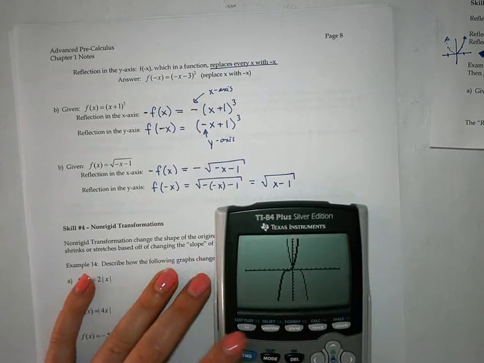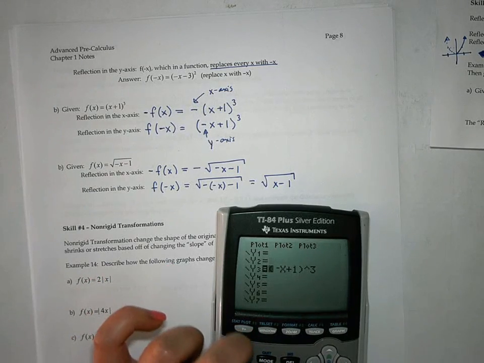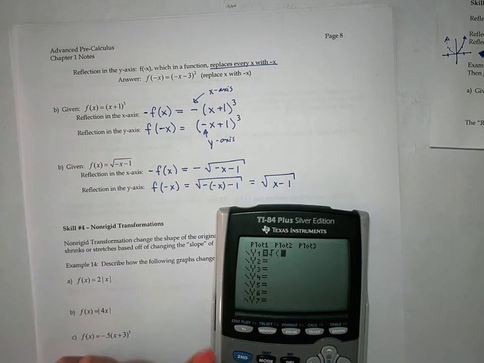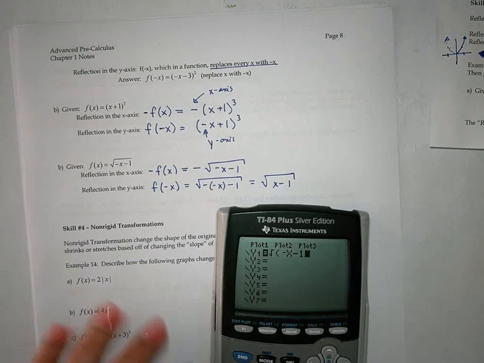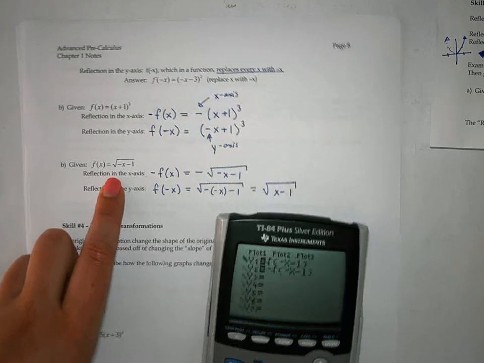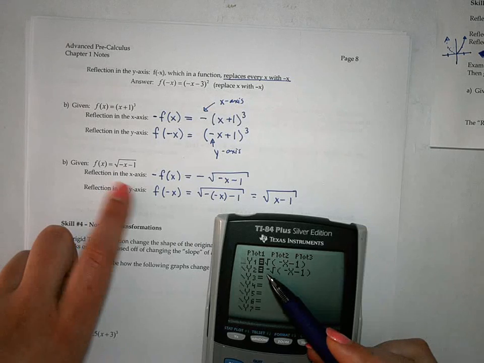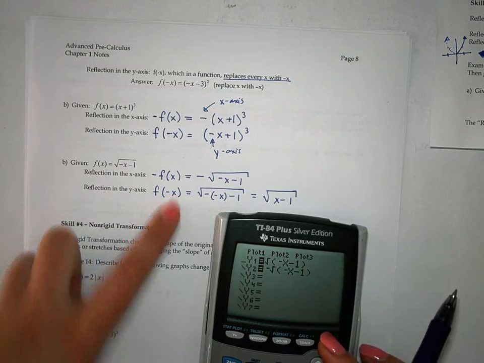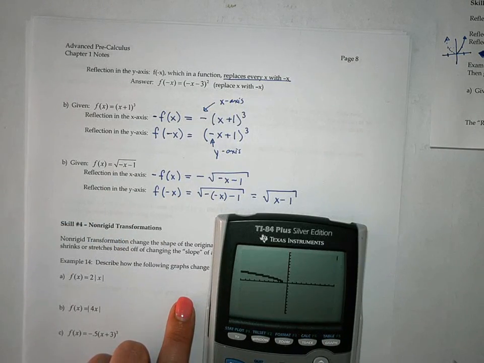Again, to check this on our calculators, so here's our original function that we're given in part B, and then here is our negative on the outside, so our x-axis reflection.